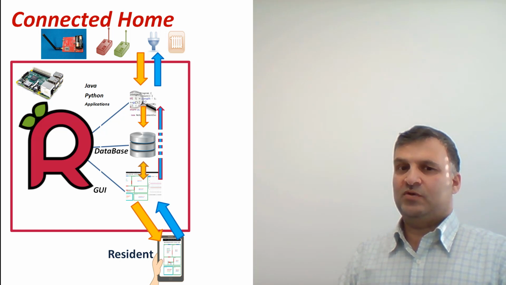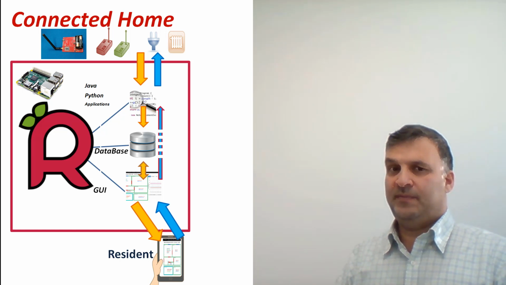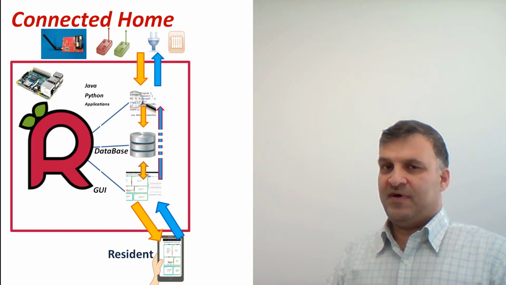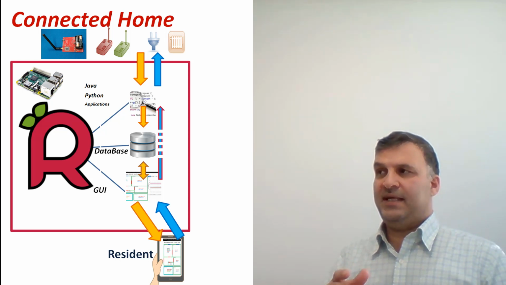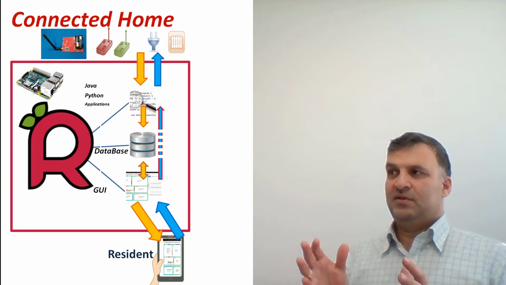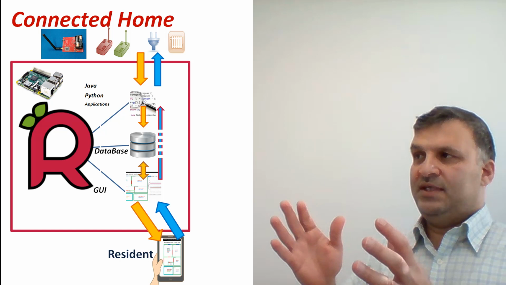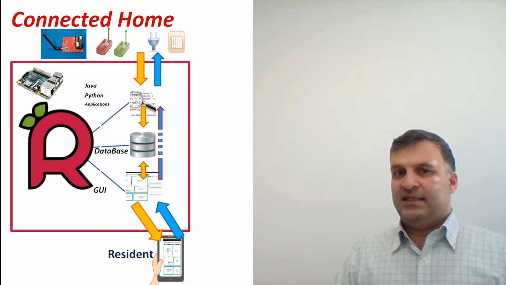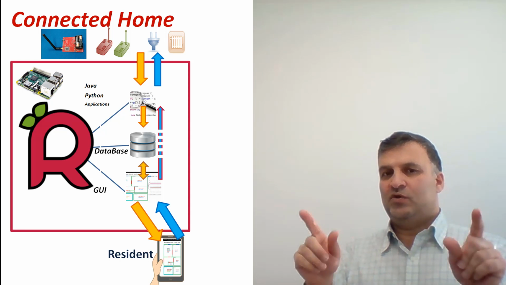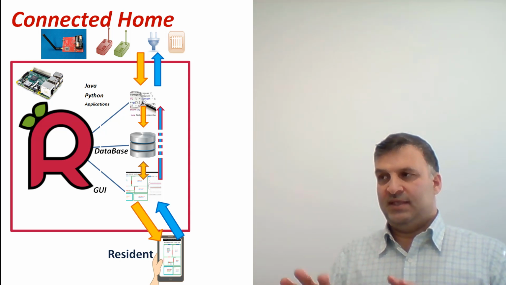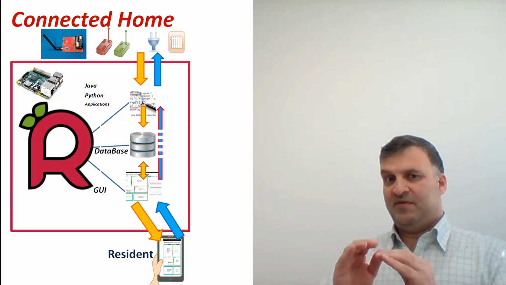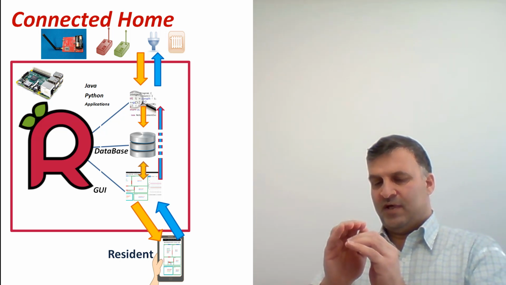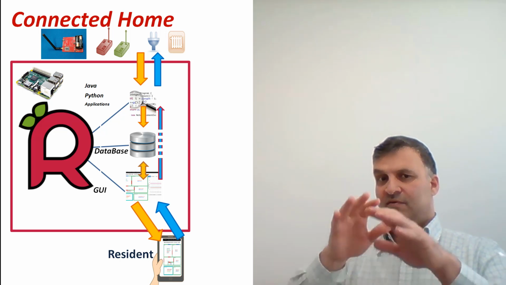For example, we can control the heating, we can control some electrical devices, but we don't pay a lot of attention in our course to this way, because our goal is not really the smart home as we said before. Our goal is to have different analyses at the level of the home, at the level of the neighborhood, at the level of the city.